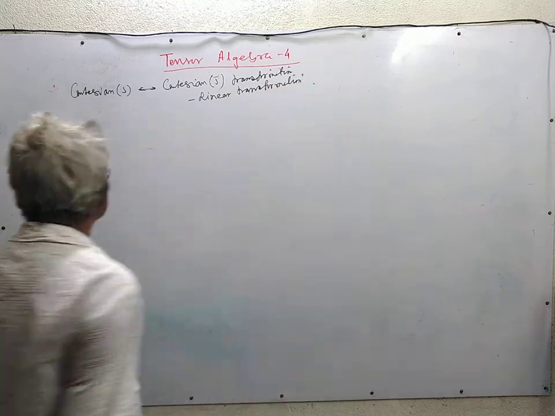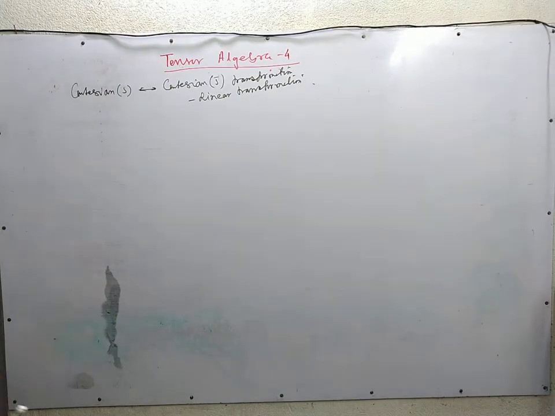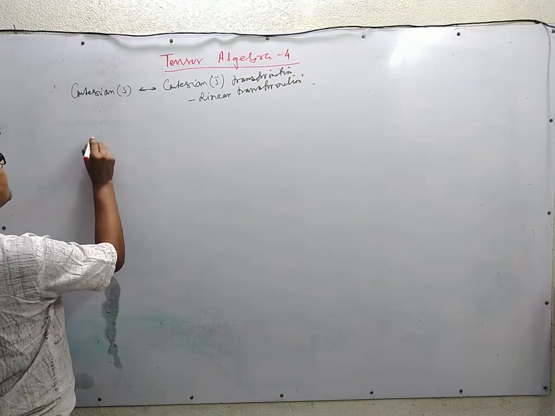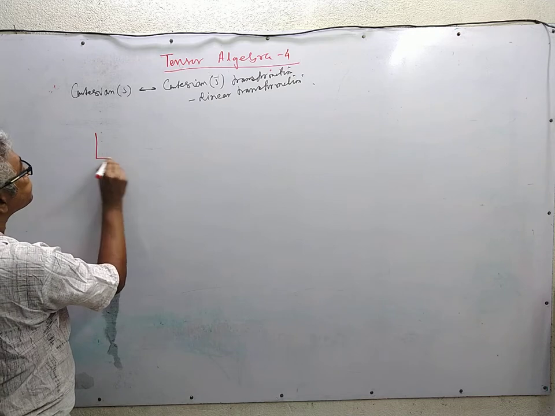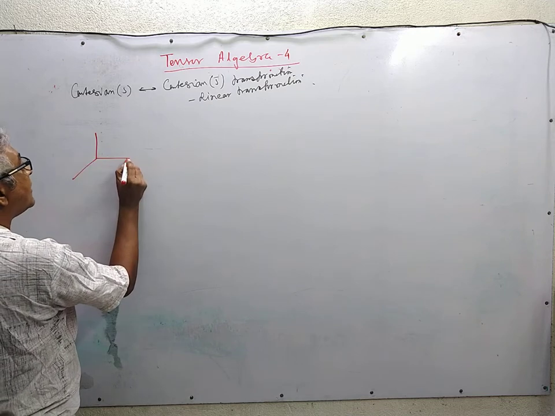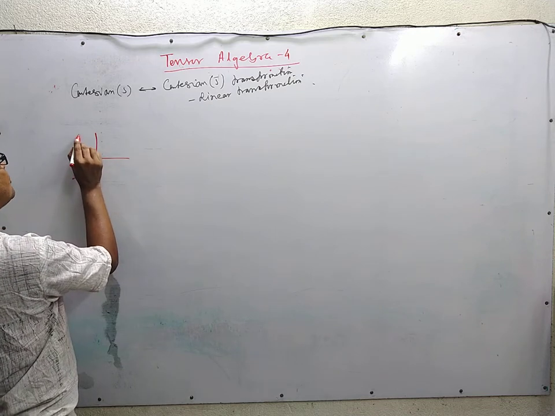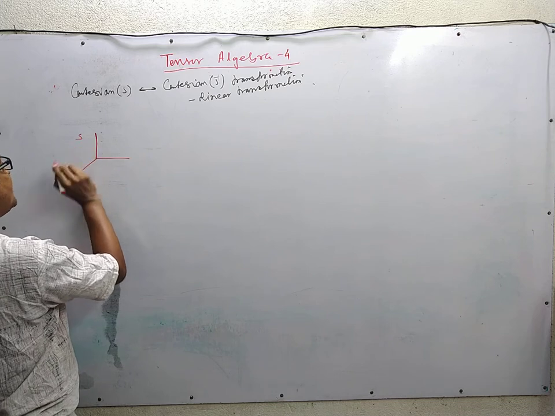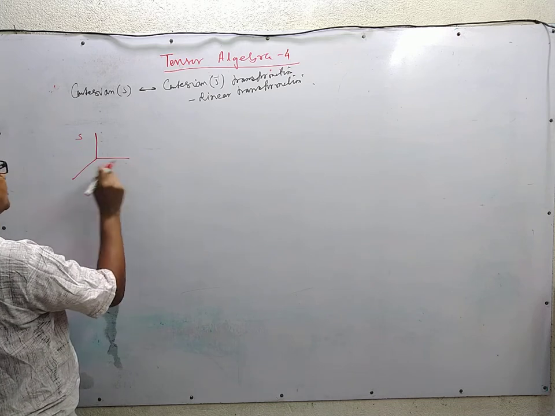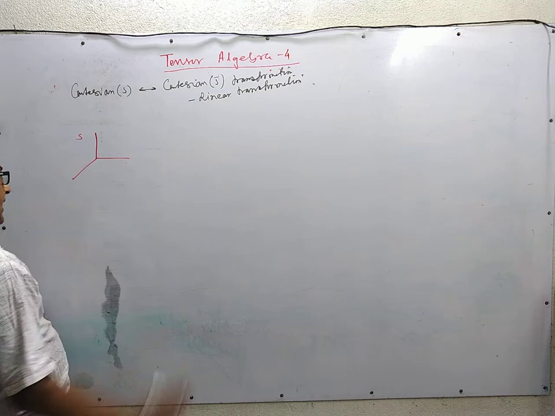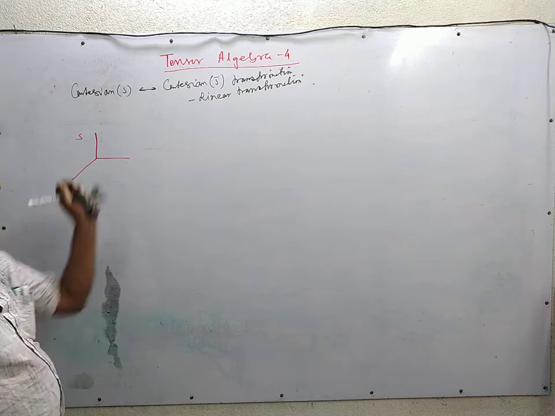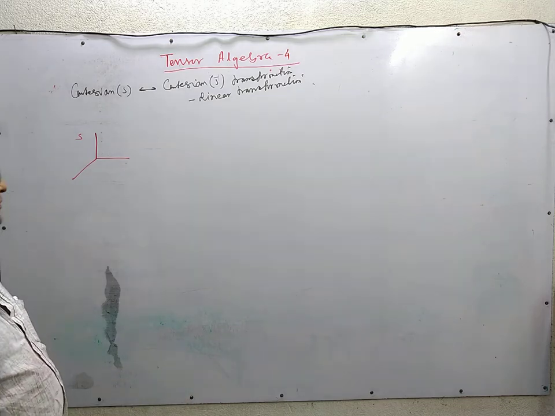Let me explain this first. Let us consider a coordinate system S. This is its coordinate axes, x1, x2, x3 axes. We transform it into another Cartesian system.